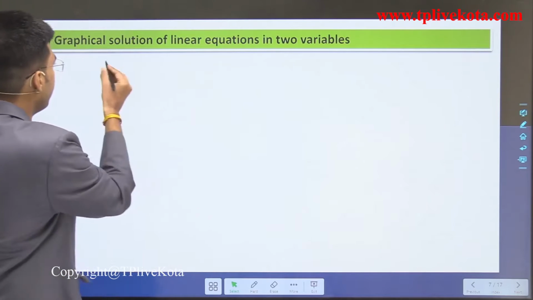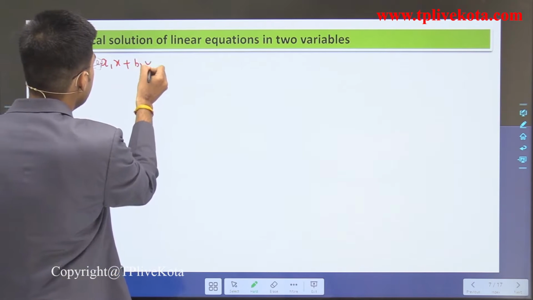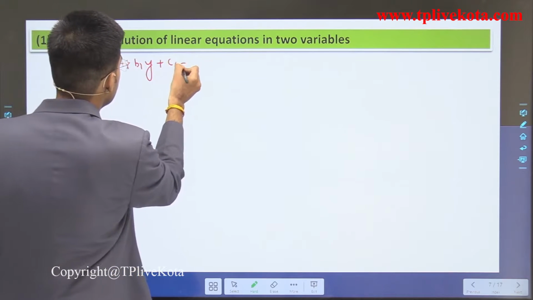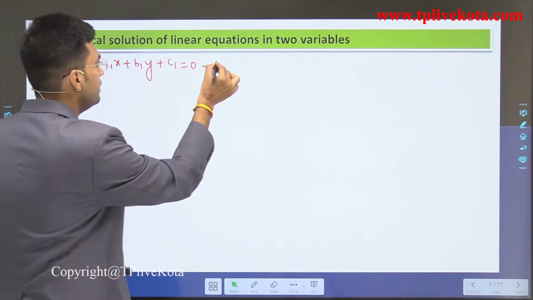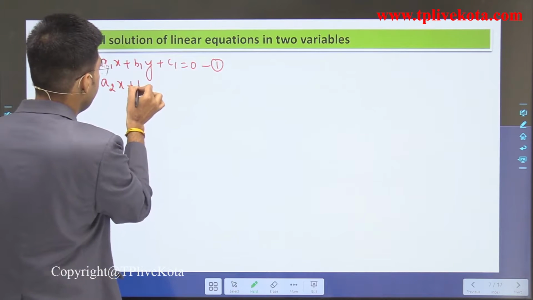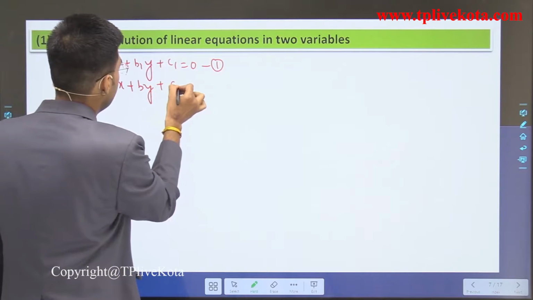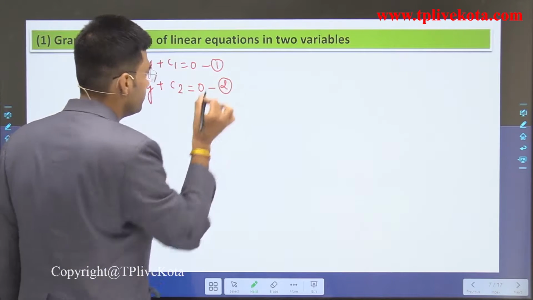As we discussed, if we have two equations, a1x plus b1y plus c1 equals 0, let this be equation 1, and if we have another equation a2x plus b2y plus c2 equal to 0, this is equation 2.